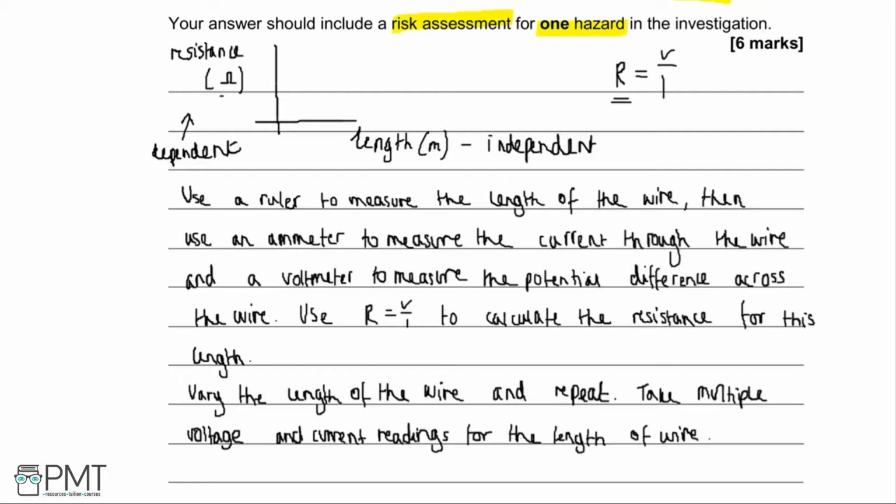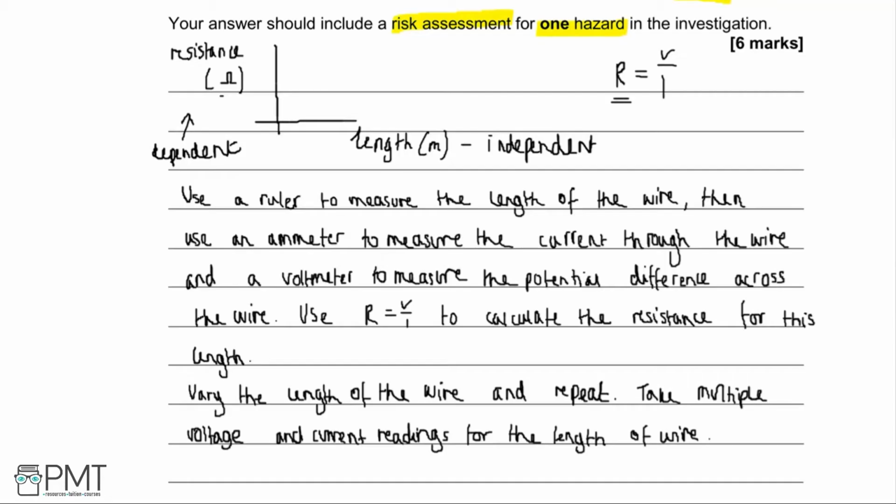Then unplug the circuit, plug it in again, take another current reading and another voltage reading. Then do it once more. We would then have 3 current readings and 3 voltage readings. As long as none of these were anomalous results, we would then take a mean of these results and use this to calculate the resistance. This just allows us to remove any anomalies and give us a more accurate result.